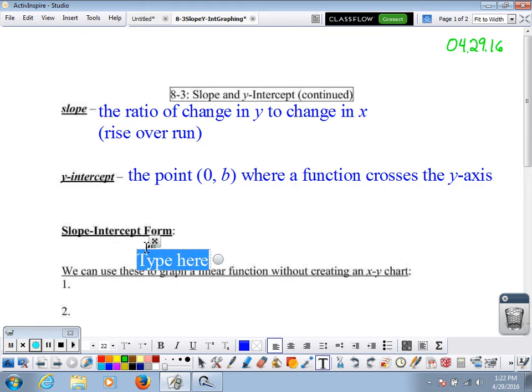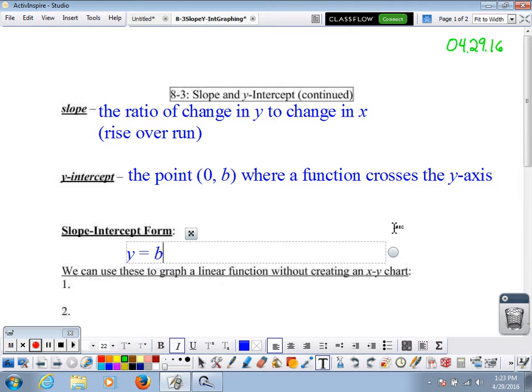Now, one more thing we talked about the other day. What does the equation of a line in slope-intercept form look like, Xander? Y equals bx plus... Really close.